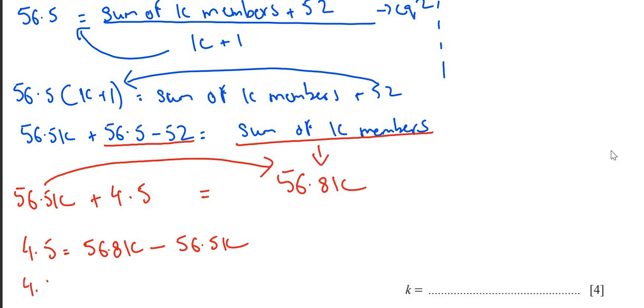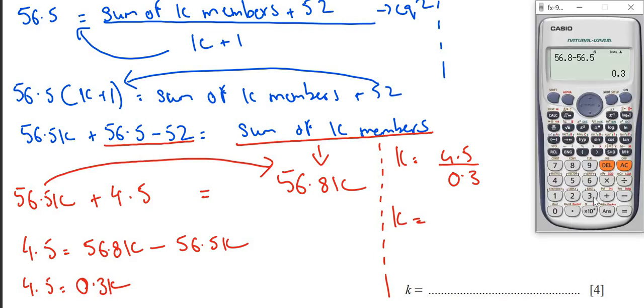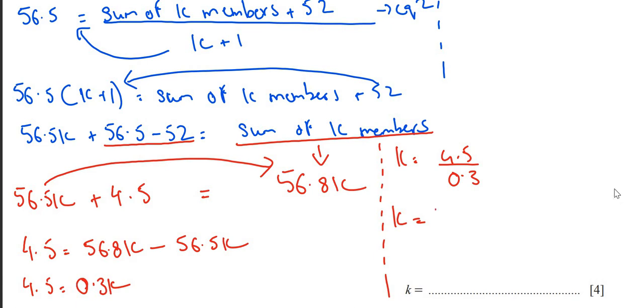So 4.5 is equals to 0.3k. Alright. So k is equals to 4.5 divided by 0.3. k is equals to 4.5 divided by 0.3, which means 15.